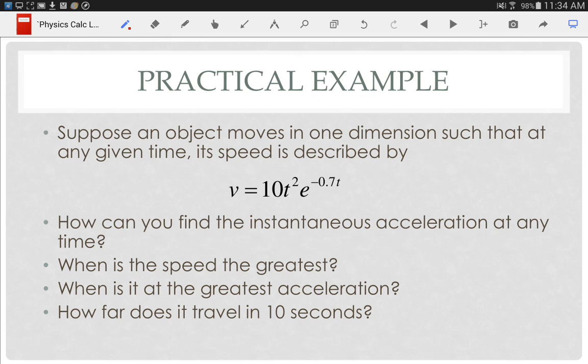The reason I did velocity is because that's the middle of the three. If I have this equation, how can you find the instantaneous acceleration at any time? How would you answer, Hannah? How would you find the instantaneous acceleration at any time given this equation for the speed at any time? Assuming one dimension, so speed and velocity are interchangeable.